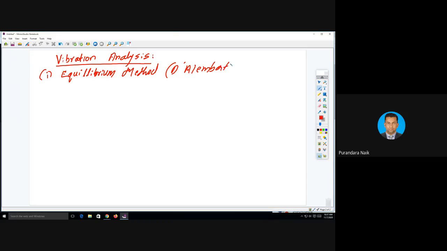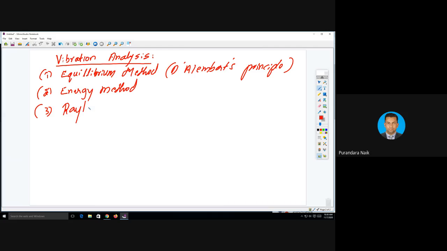The second one is called the energy method. The third one is called Rayleigh's method. These three methods are very, very important.